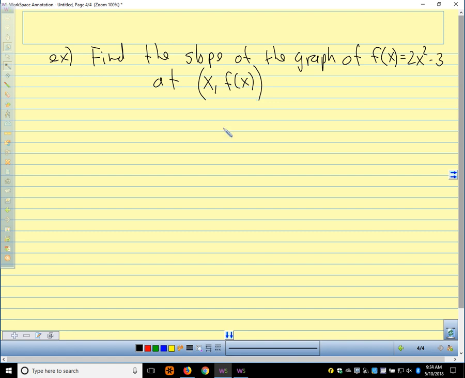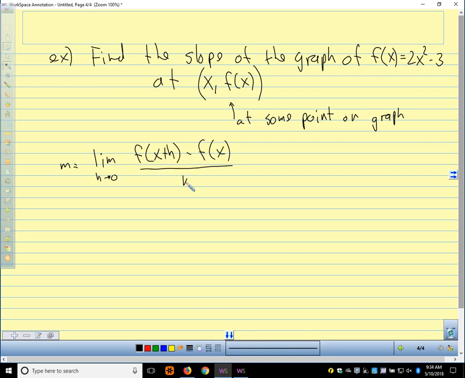So this is just saying at some point on the graph. Not at a specific point, but at some point. Well, in this case, x is just going to be x, and x plus h is just x plus h. We're going to plug that into our function. So our slope, I'll write our limit again, just so we see it again. Limit as h approaches 0, f of x plus h minus f of x over h.